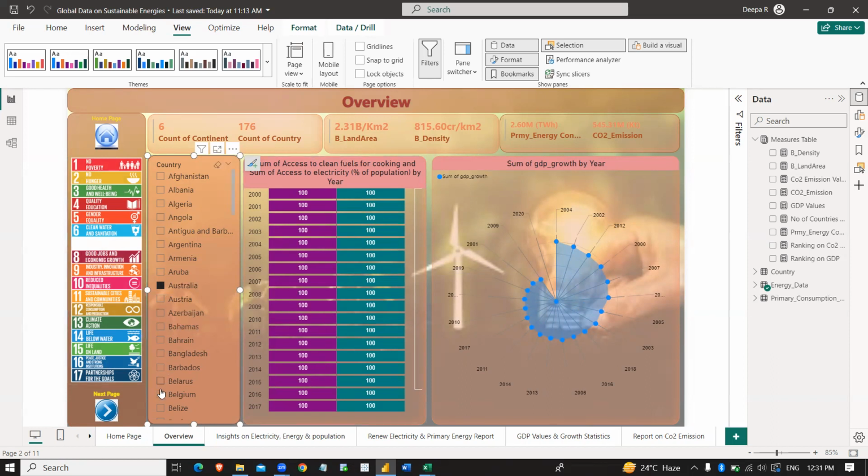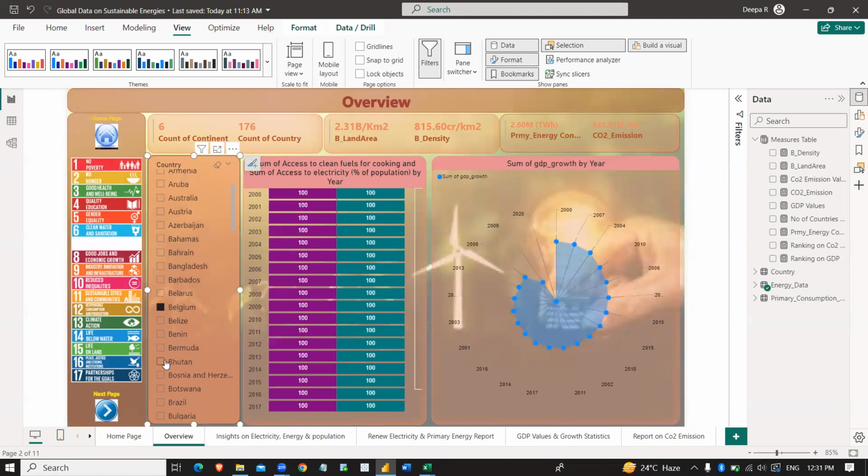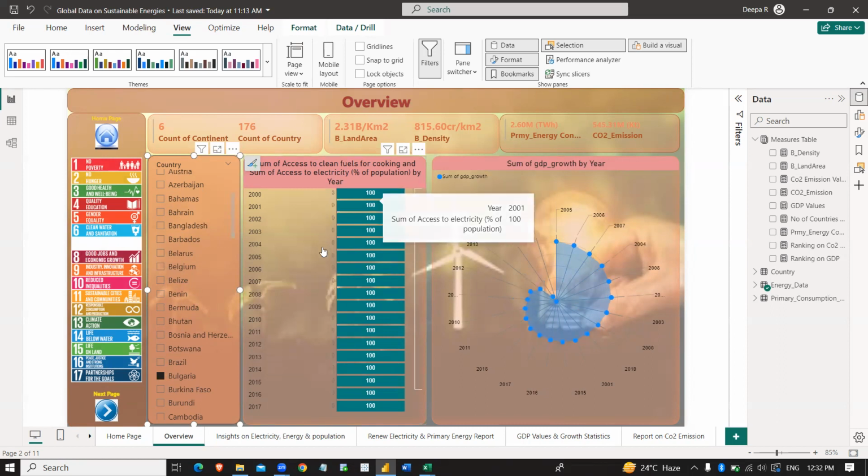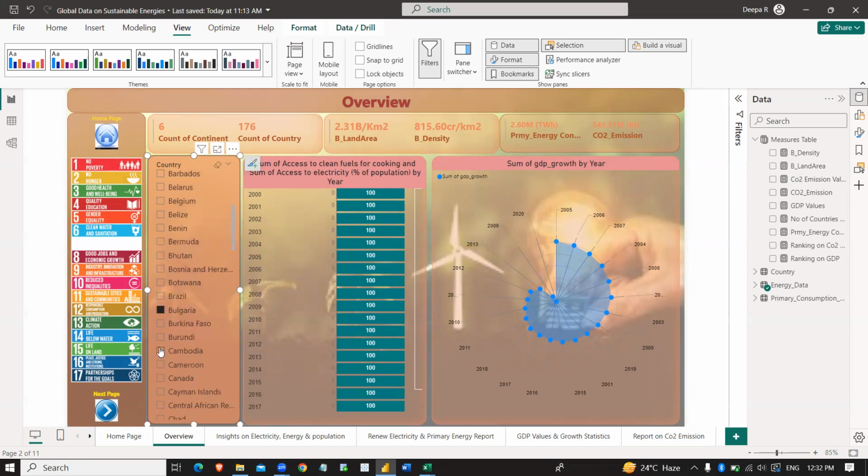Okay, similarly, if you take any other countries, you can check out what percentage of population is having access to electricity or to the clean cooking fuels. Maybe for Bulgaria, we don't have the values for the clean fuels, so it is showing 0 here. Let me take Cambodia.